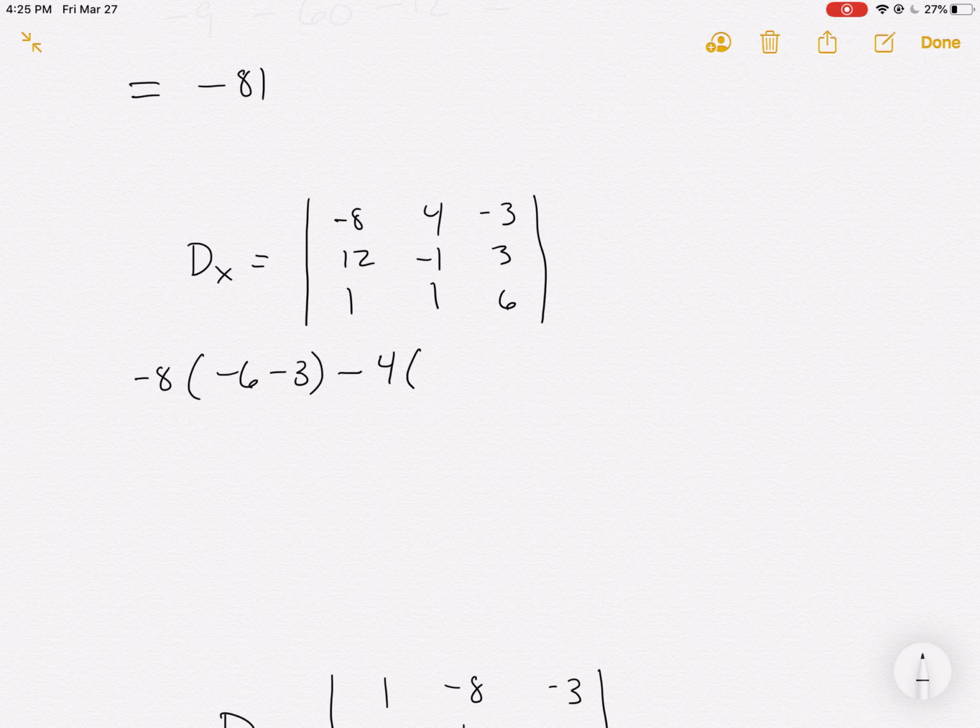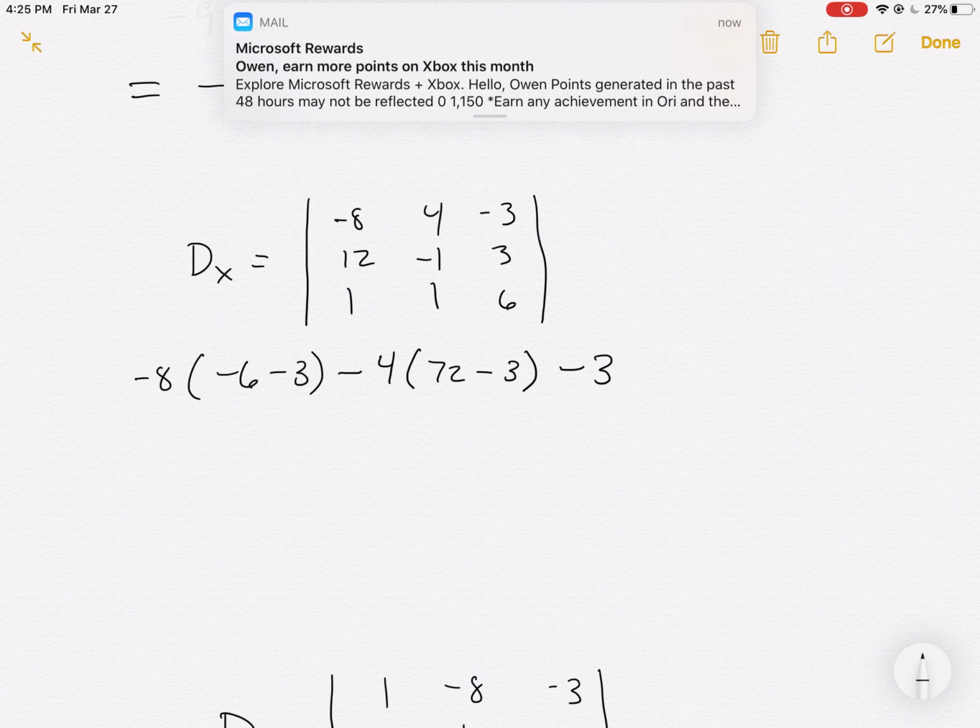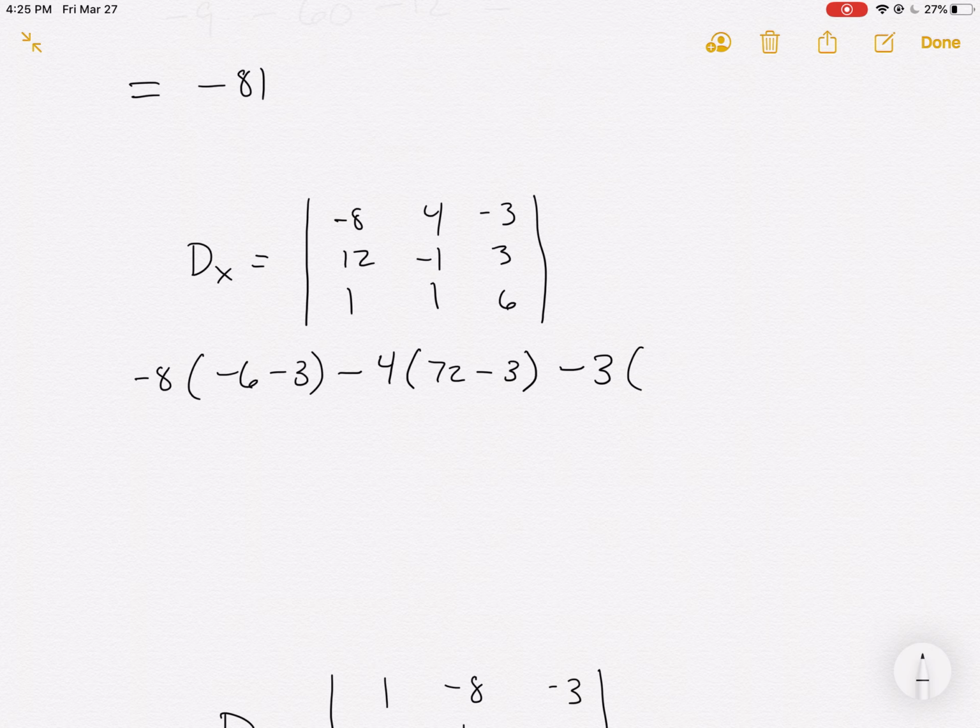And there we would be taking 12 times 6 for 72, but subtracting away 3. And then it's going to be a plus a negative 3, so essentially minus 3. And then we're going to have 12 minus a negative 1, or 12 plus 1, just to cut down on time in this video. Hopefully you saw that happening.